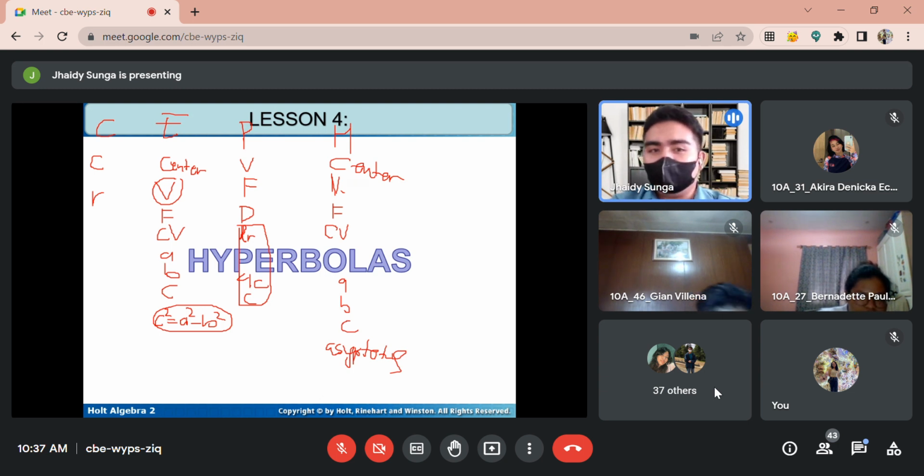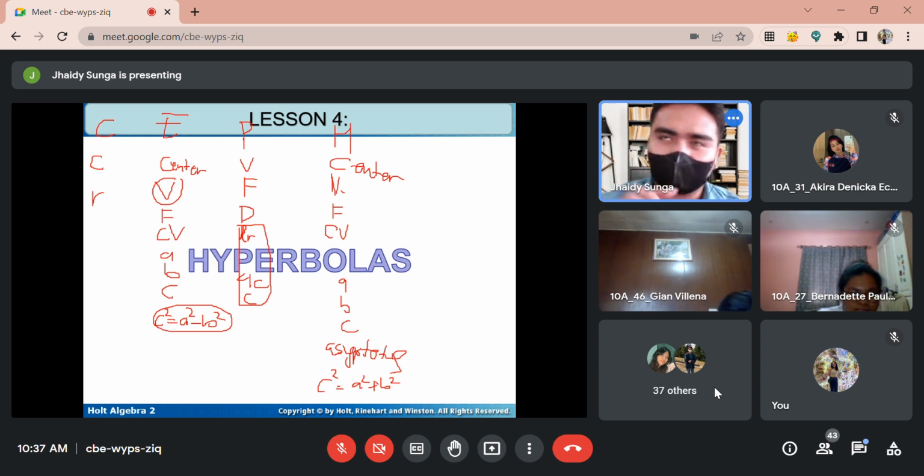In hyperbola, it is the Pythagorean theorem: c squared is equal to a squared plus b squared.